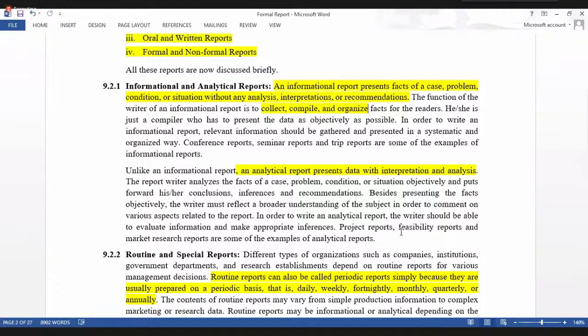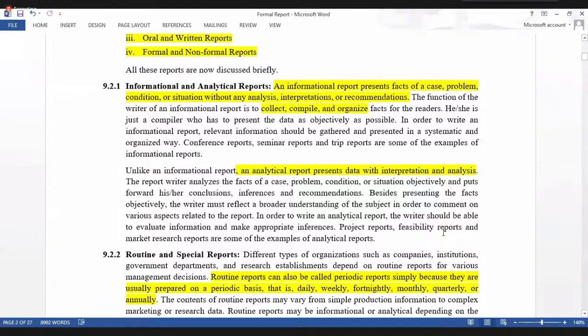Suppose you are involved in a 5-year project, and you have divided the project into different small tasks. Then after completing certain tasks, you can prepare the report, and in that report you can give your opinions also, right? So you can make the analysis of the facts. So that becomes a type of analytical report.